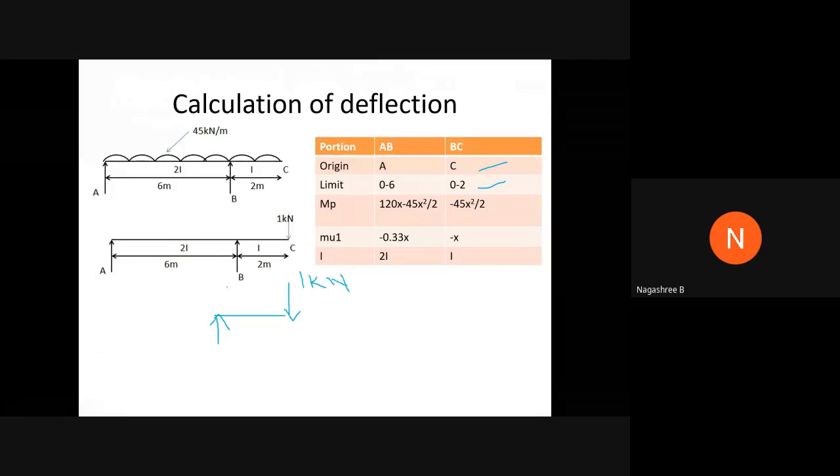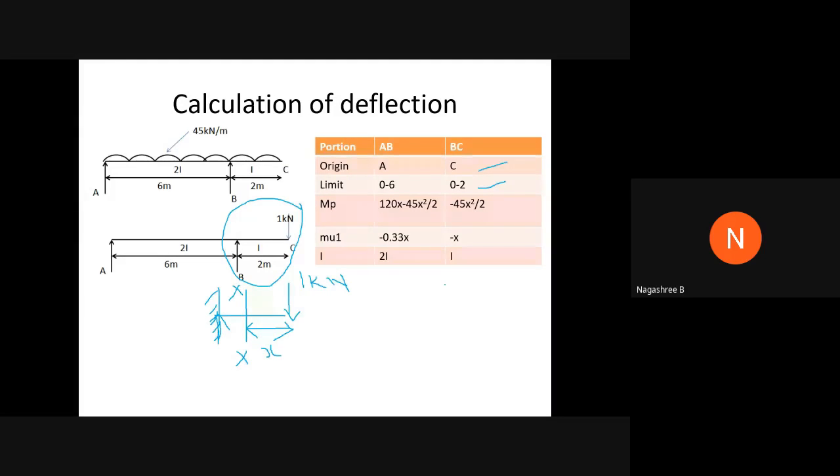If I only take this part, it will be like a cantilever beam, wherein one end is fixed and another end is free. So C is the origin, and from C you put the axis XX at a distance of x from C.